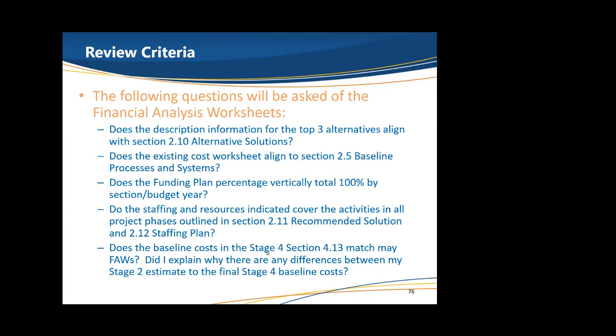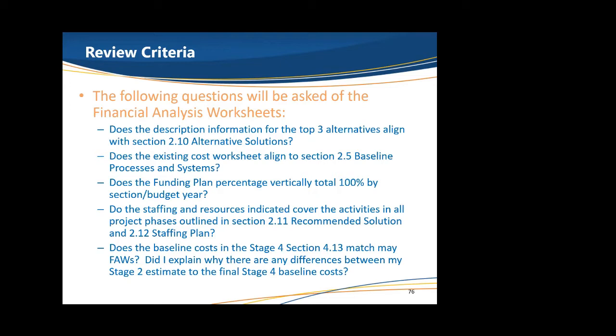Does the baseline cost in your stage 4, section 413 match your FAWs? So when the department is entering their final baseline cost, they should match exactly what's going to be on their approval letter. And I know from experience that often was not the case, but these documents actually become public on our website.